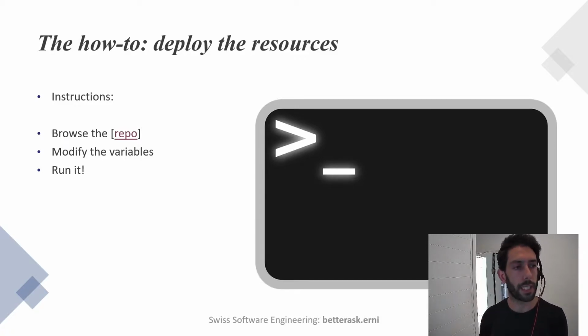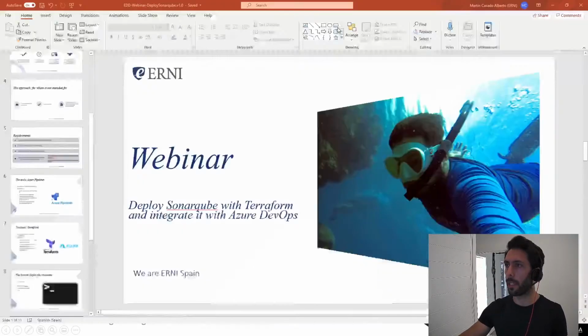We're going to see that this gets integrated and the pull request gets decorated with the Sonarqube message, providing a comment saying that this needs to be fixed. Okay, so let's go for it.